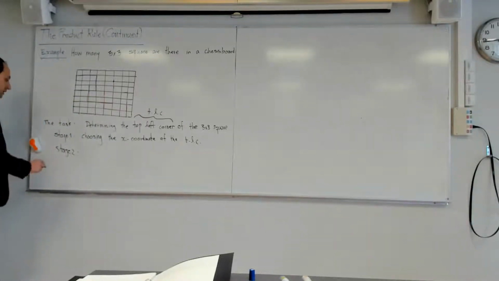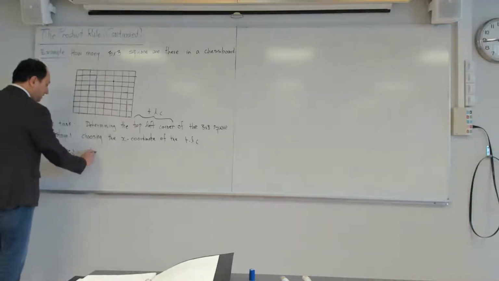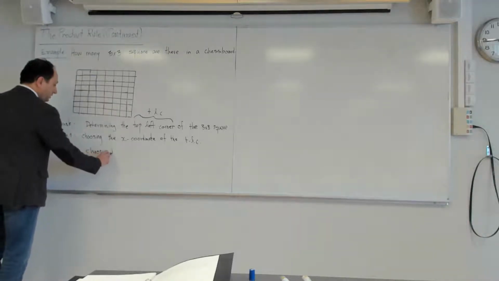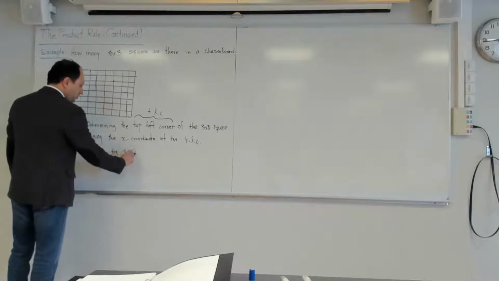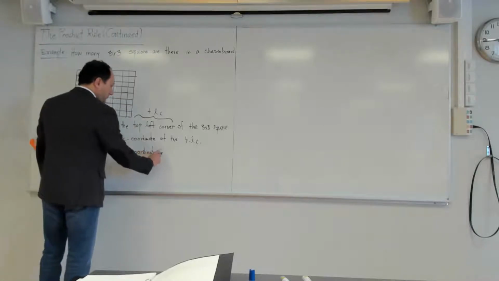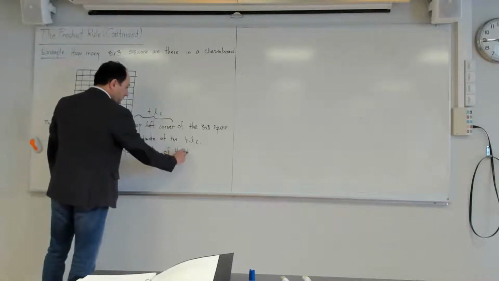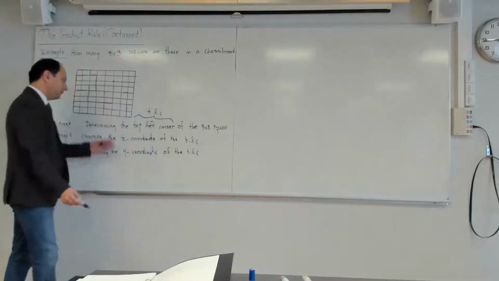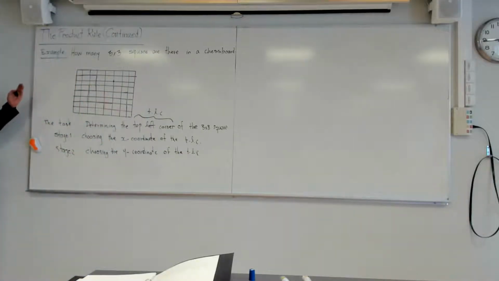So I have to finalize the stage 2 as well. So I would say choosing the y-coordinate of the top left corner. So anyway, this is your task. You broke it down to 2 stages.